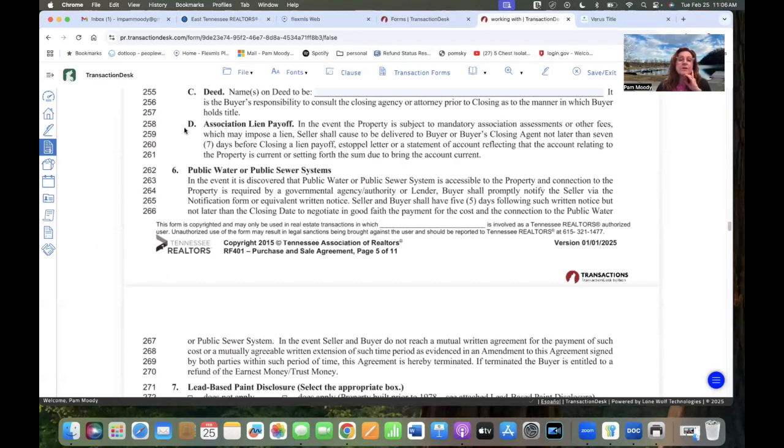So if there's a lien on the property from the HOA, that's going to be taken care of before you take possession.